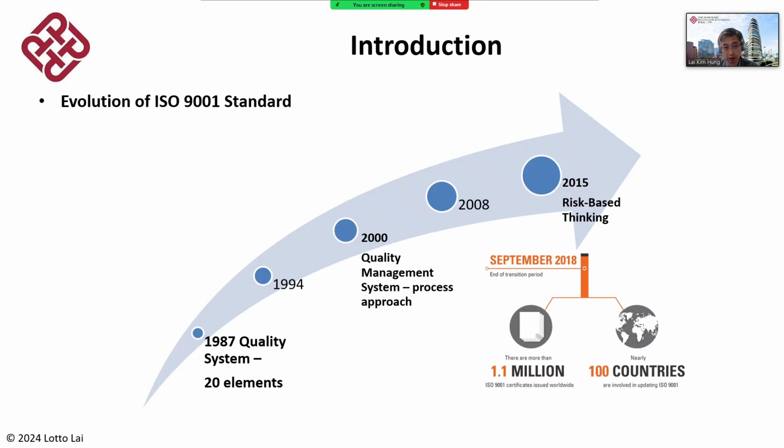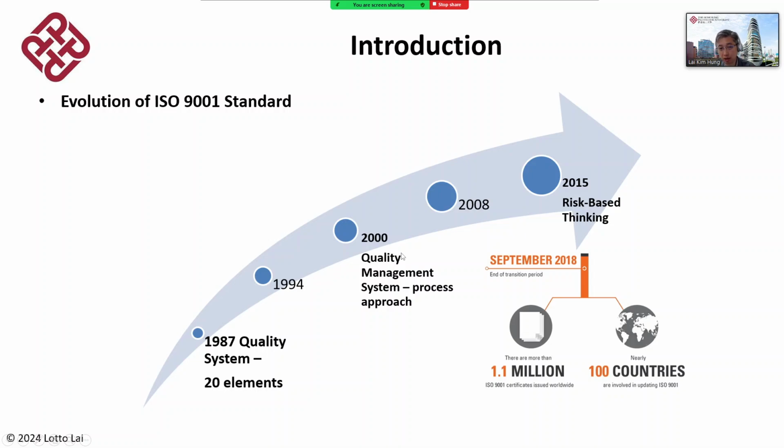So this is the ISO 9000 standard evolution since 1987. At that time, its quality system had 20 elements, and in 1997 there was a minor change, and then 2000 was a major change.